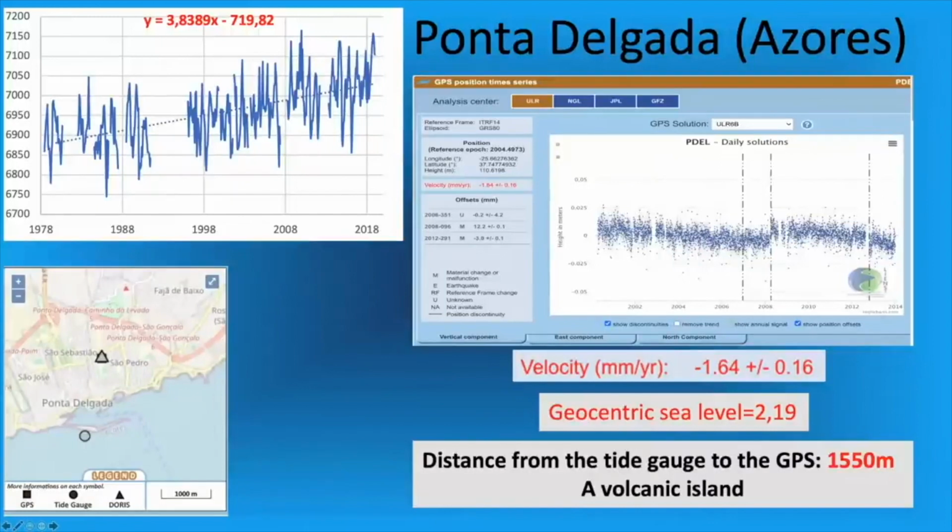So it's possible that in this area you have different tectonic situation than in this other area. And you will see that generally near the coastline, the trend is for going down. That's the truth. So the geocentric sea level should be about 2 millimeters.